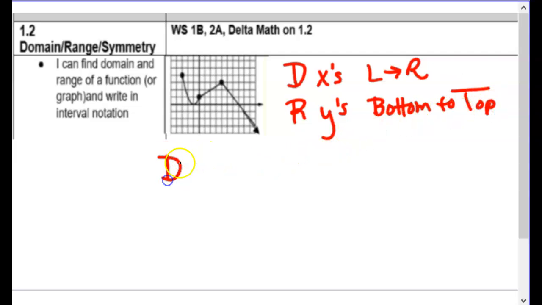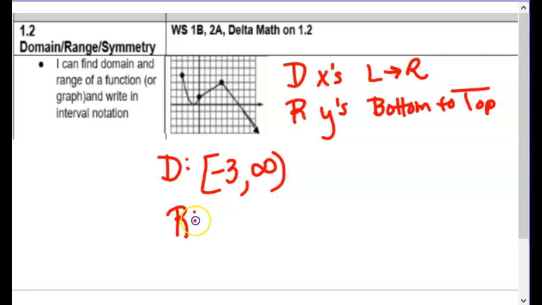Okay, domain, anybody? What's the furthest left this thing goes? -3, and then it goes to the right forever, yes? What is the furthest down this goes? -infinity, and the top? 1, 2, 3, 4 for the y value. Remember, it's the y value we care about. Good job.